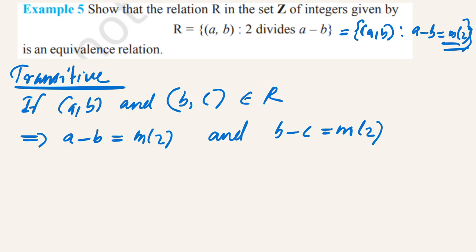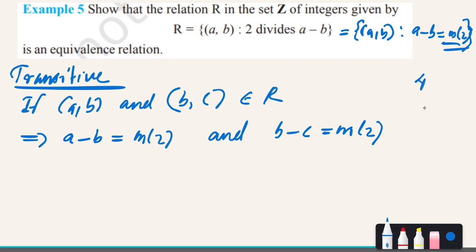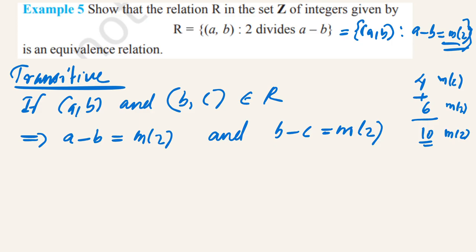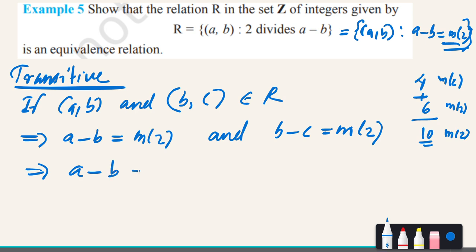For example, 4 is a multiple of 2 and 6 is also a multiple of 2. When we add 4 plus 6, that is 10, that is also a multiple of 2, right? So when we add two numbers which are multiples of 2, the result remains the same. So we can write A minus B plus B minus C is also a multiple of 2.